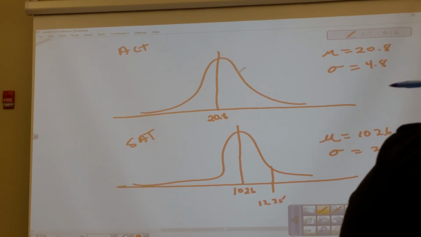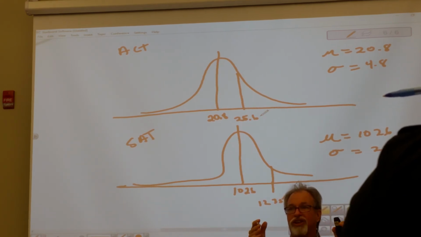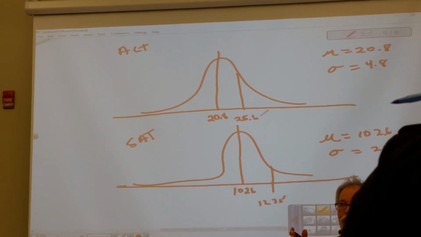And out here, one standard deviation above would be 25.6. So it's kind of hard to look at that and compare exactly where I'm at looking at the different things.